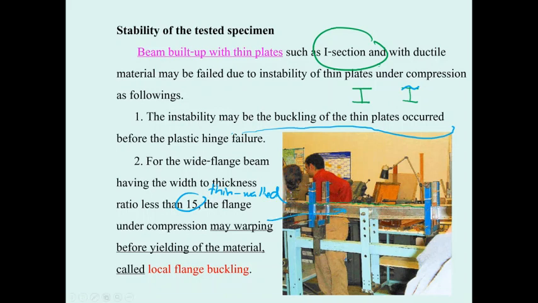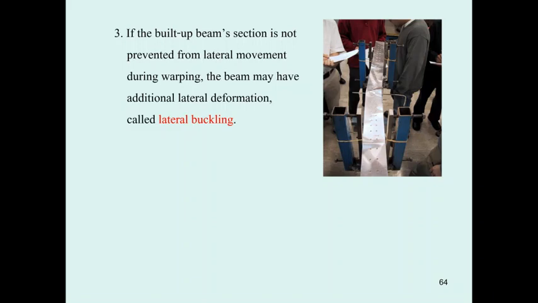This is the warping. What I'm saying, the warping of the section is a local flange warping. That is going to occur in the compression zone. It won't occur in the tension because tension will try to elongate the flange. However, the compression is going to contract the flange. When you contract the flange, it can warp easily. And also they have a lateral buckling. Okay, before this, the element stress is here.